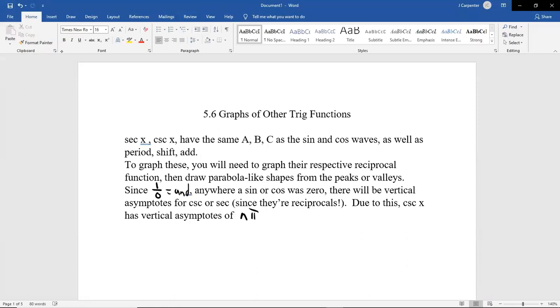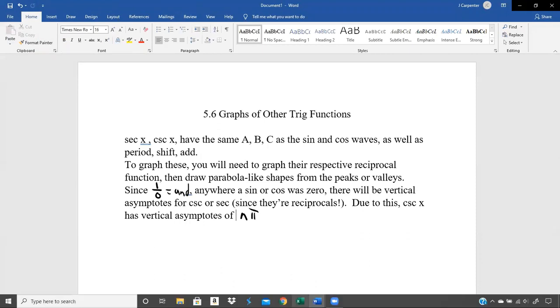What this means is n is an integer. It's a 3 or a -7 or even a 0, a 1, a 2, a 3, a 4, a 5. I'm saying that cosecant has vertical asymptotes at every multiple of pi. That's what n pi means. Because sine at every multiple of pi is equal to 0. Here's the proof of that.